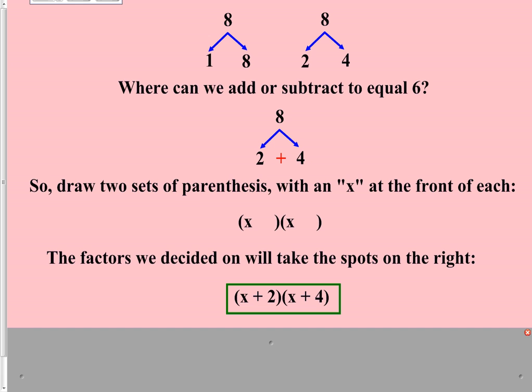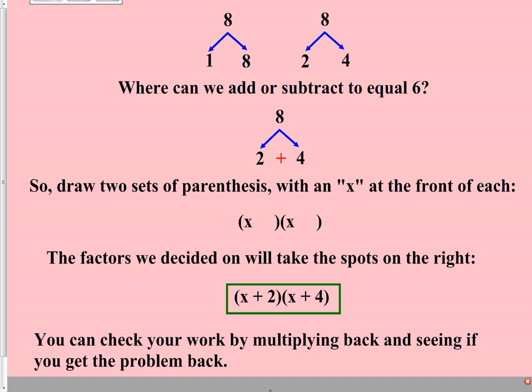So basically, we are finding a way to tear our trinomial down into a binomial times another binomial. Okay, so what we have discovered is that the original problem, I believe it was x squared plus 6x plus 8, factors into (x plus 2) times (x plus 4).